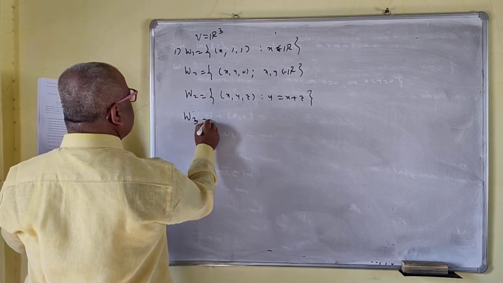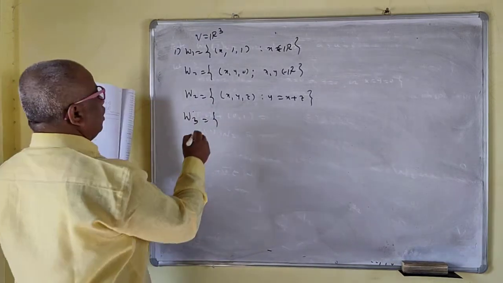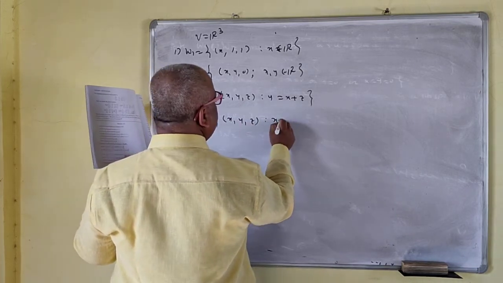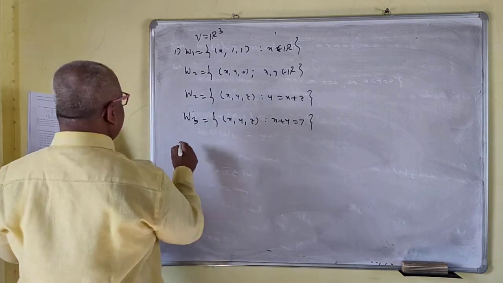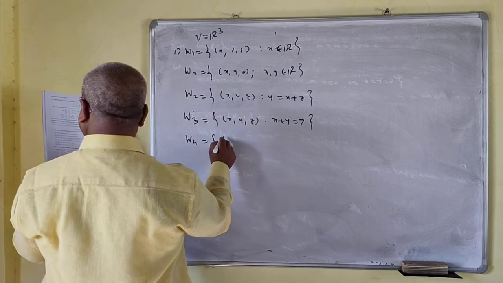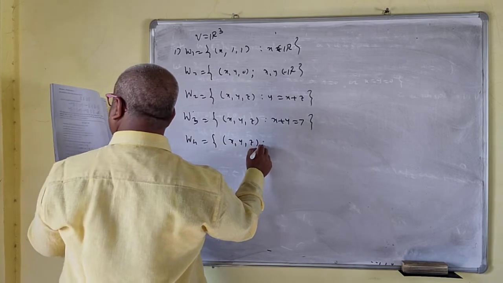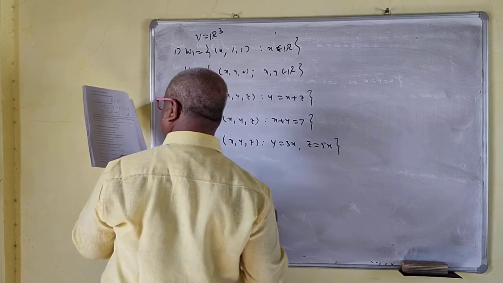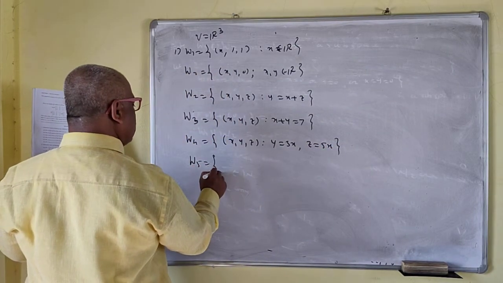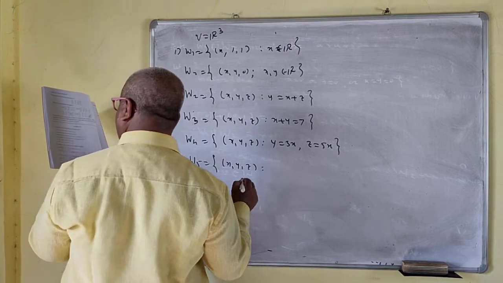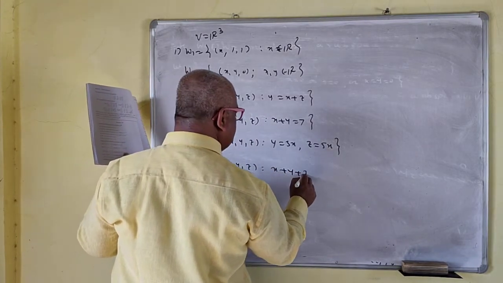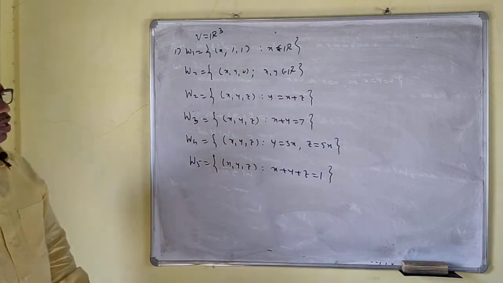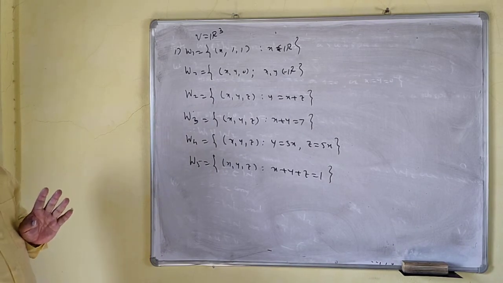Only we have to determine whether this is a subspace or not. Orally we have to discuss this. W4 is {(x, y, z) such that x + y = 7}. Next one, W5 is {(x, y, z) such that y = 3x, z = 5x}, and W6 is {(x, y, z) such that x + y + z = 1}. We'll just discuss whether these are subspaces or not.